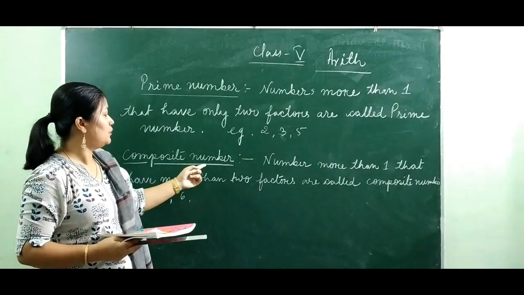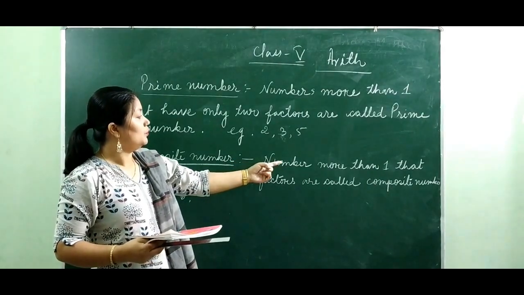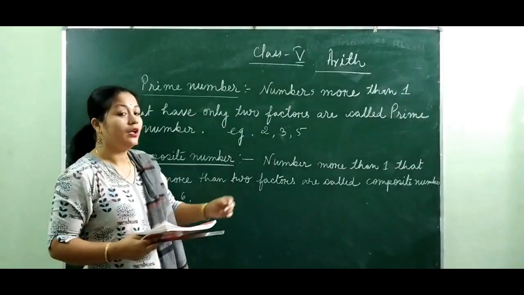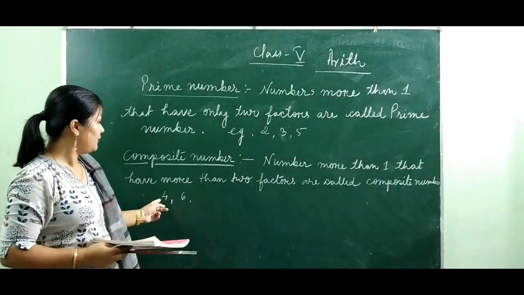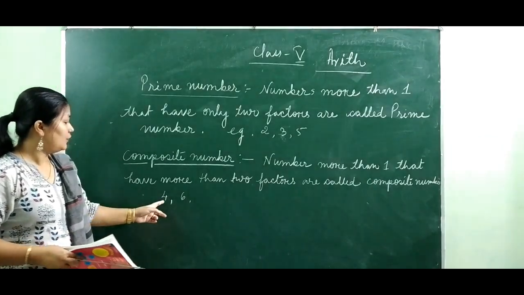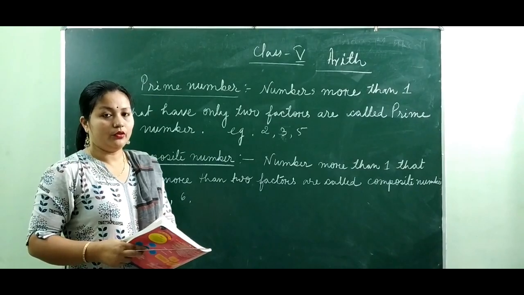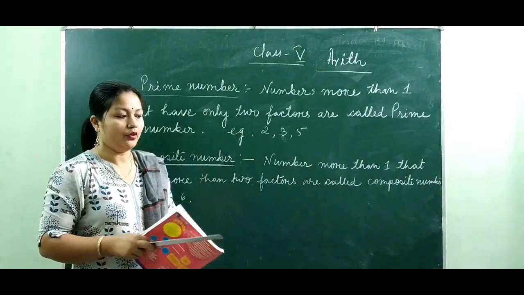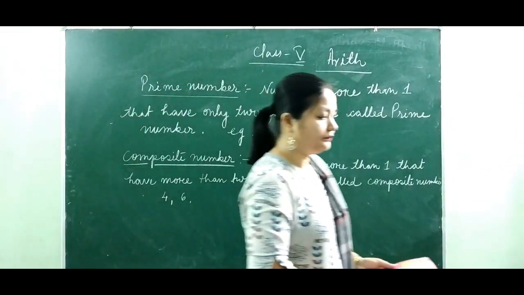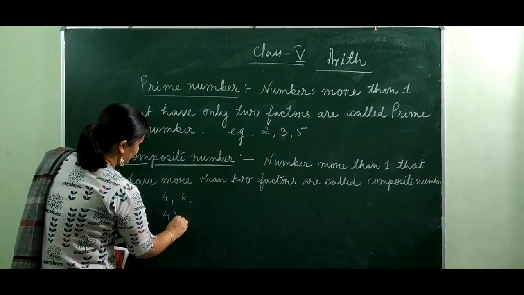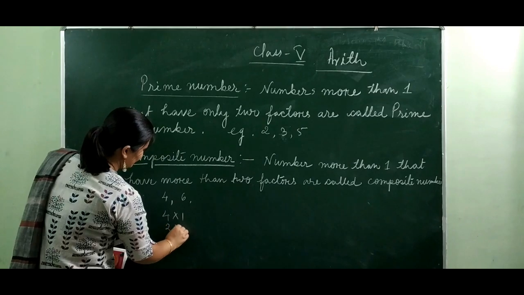Then we have composite numbers. A number more than one that has more than two factors is called a composite number. As an example I wrote 4 and 6. 4 has 1 times 4 and 2 times 2.